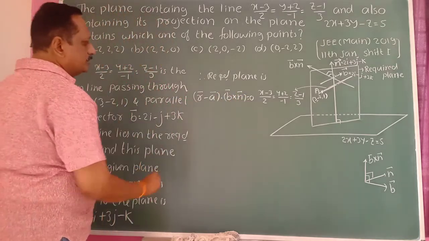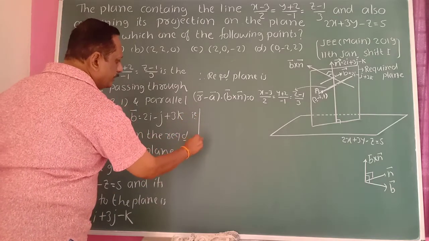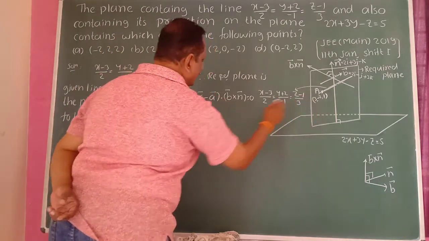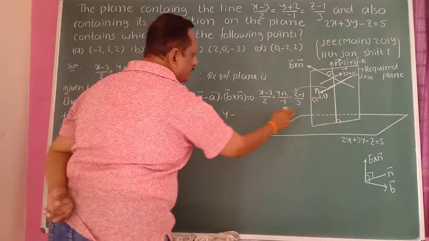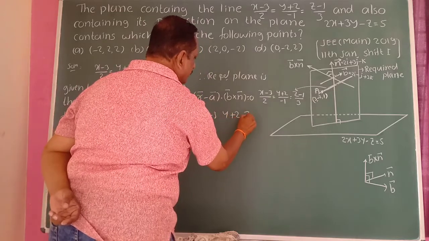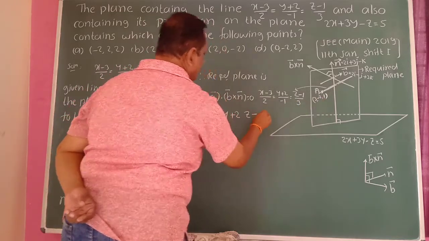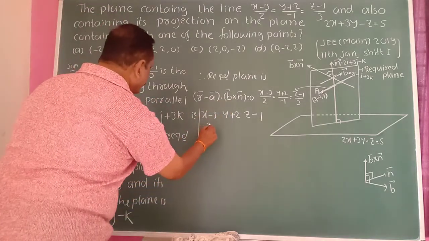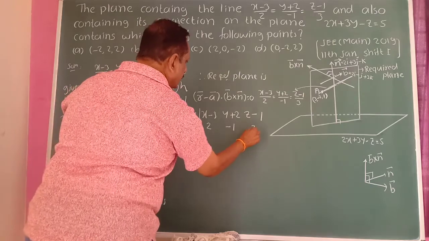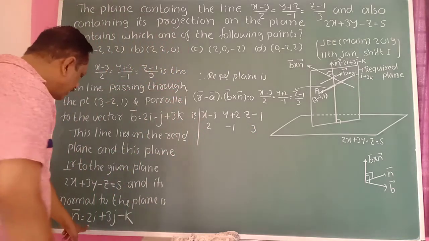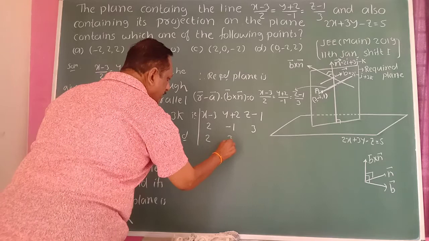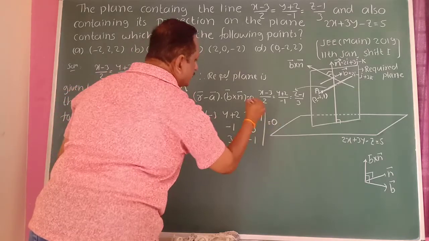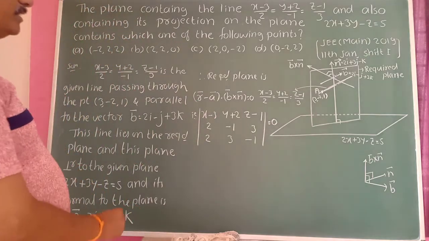That is the determinant with rows (x − 3, y + 2, z − 1), then b bar (2, −1, 3), then n bar (2, 3, −1), equal to 0.